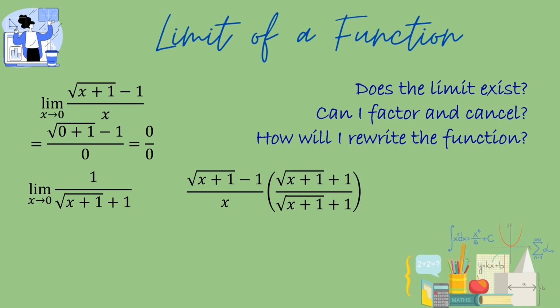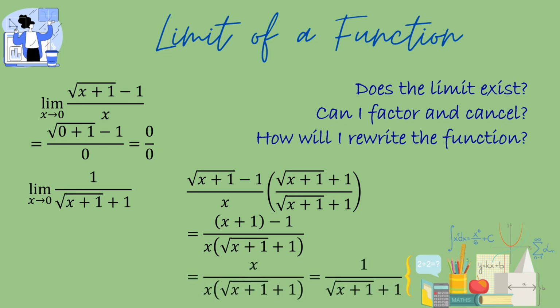This will result to a difference of two squares in the numerator, with the square root of x plus 1 quantity squared being equal to the binomial x plus 1. In the denominator, we obtain x times the quantity square root of x plus 1 plus 1.